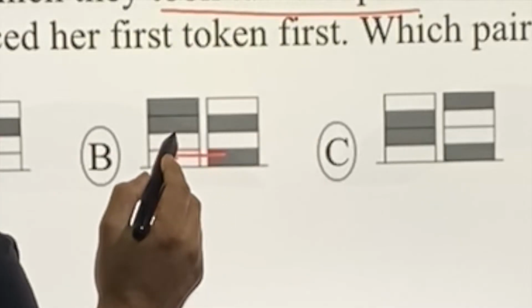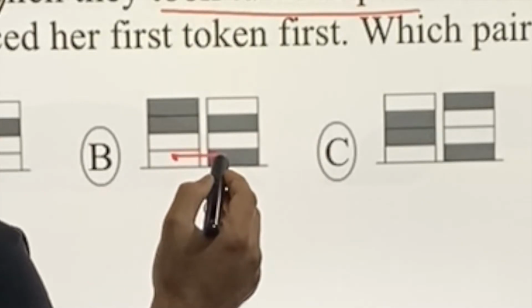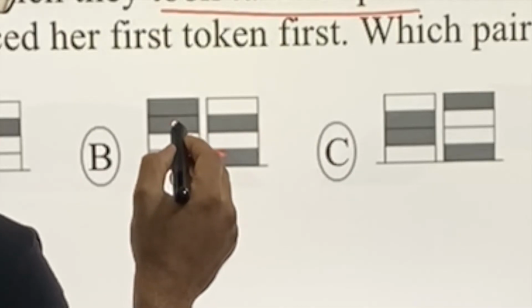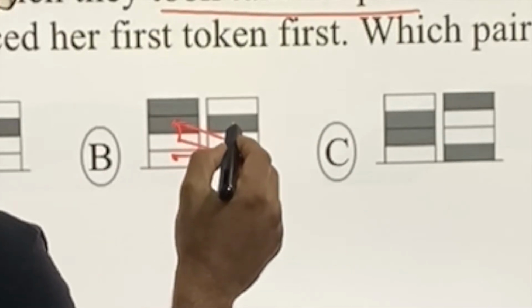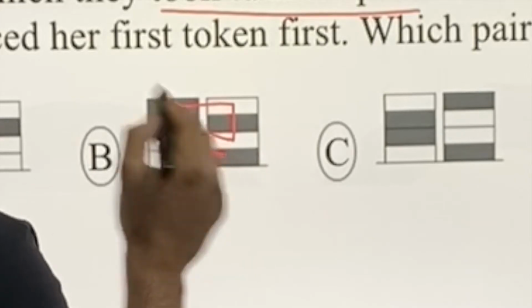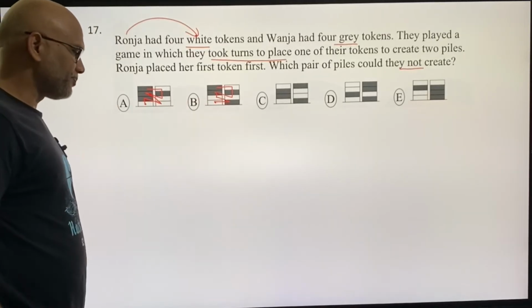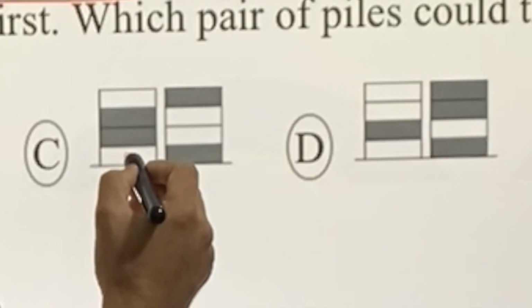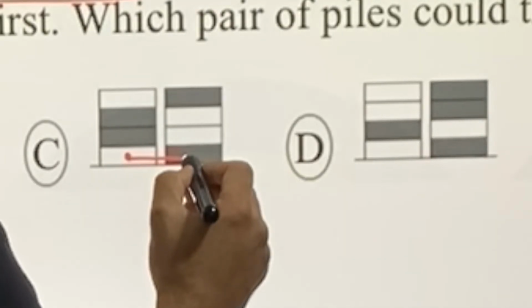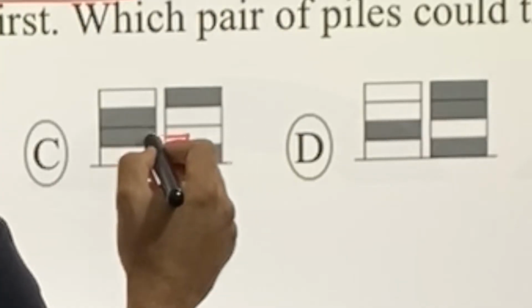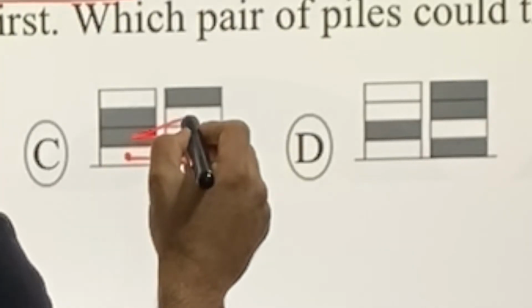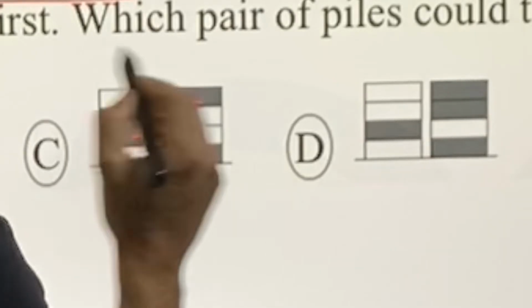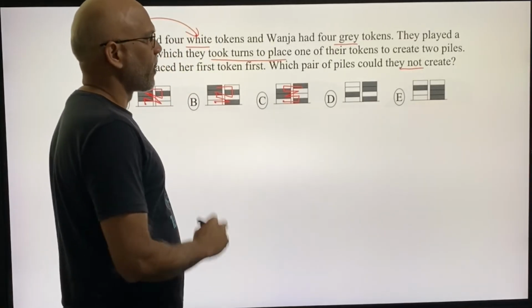I can go either here or here. Let me try going here, white, and then gray, white, gray, white, gray. So I can also make that. Here I start with white, gray, white, gray, white, gray, white, and gray. So I can also make this.